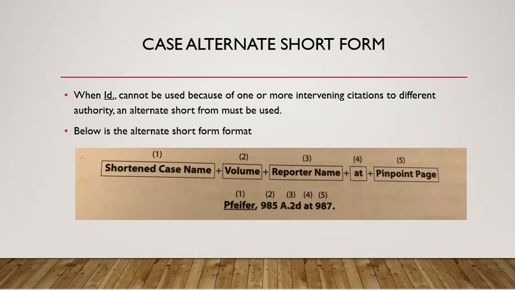Now, case alternative short form. This you're going to be using a lot. When id cannot be used due to one or more intervening citations to different authority, an alternate short form must be used. Below is the alternate short form format. You have the shortened case name, plus volume, reporter name, plus at, and pinpoint or pin cite page.